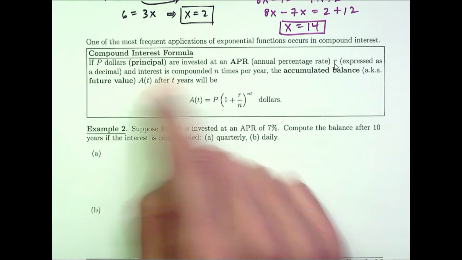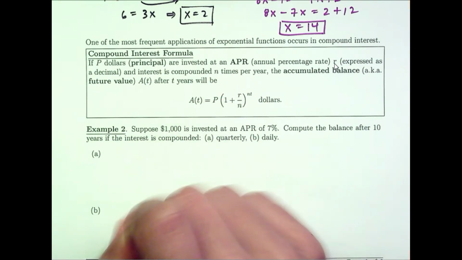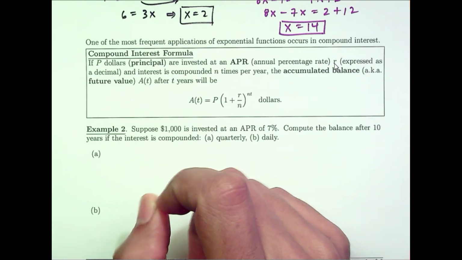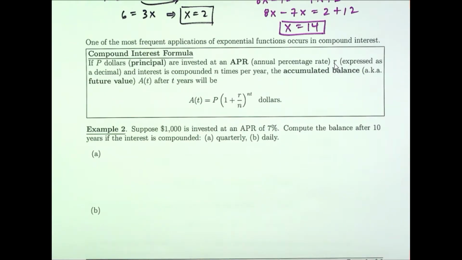So there's a formula for computing compound interest. And this formula you don't have to memorize. If I put any questions on the exams with this formula, the problem will either show it or you can just have it written out somewhere.